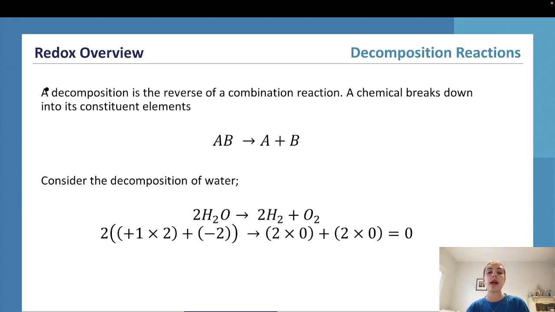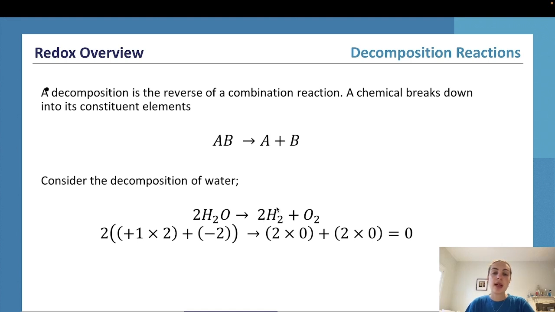So we can say we start off with 2 H2O, and we know that the hydrogen is going to be a +1 charge per hydrogen atom, and the oxygen is a -2 charge per oxygen atom.